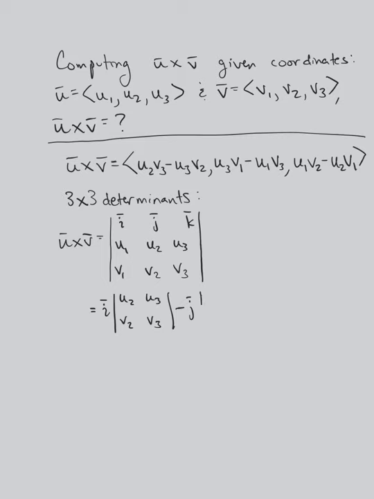And then you have j times the 2x2 determinant, where you cross out its row and column. So you get u1, u3, v1, v3, like that. And then plus k times the 2x2 determinant from crossing out its row and column: u1, u2, v1, v2.